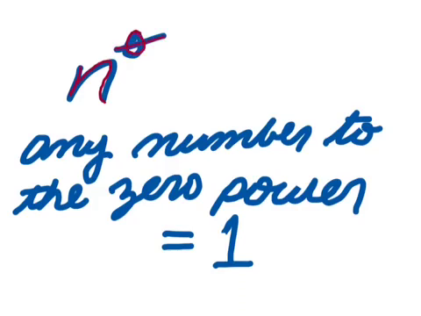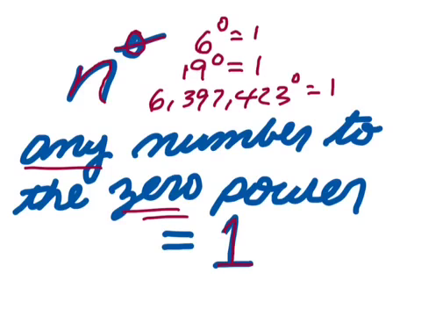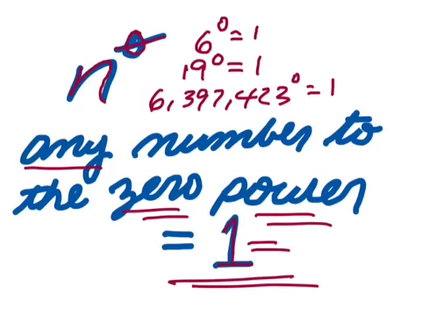Any number to the 0 power always equals 1. 6 to the 0 power equals 1. 19 to the 0 power equals 1. 6,397,423 to the 0 power equals 1. Any number to the 0 power equals 1. Easy peasy, lemon squeezy.